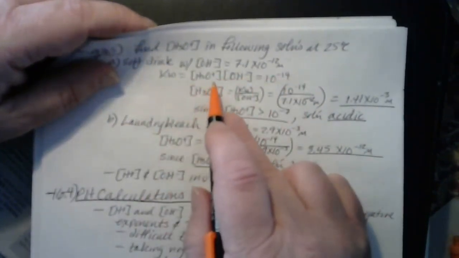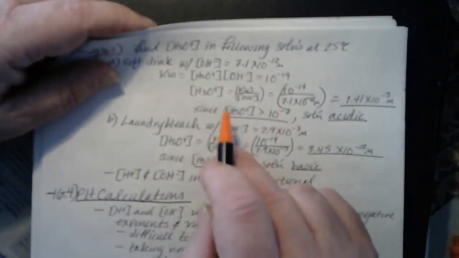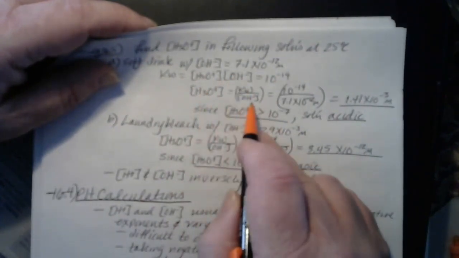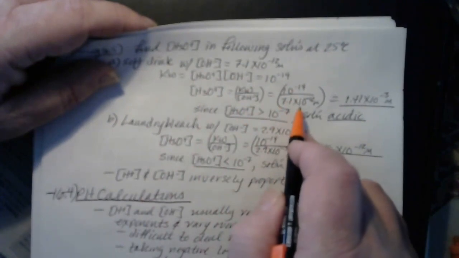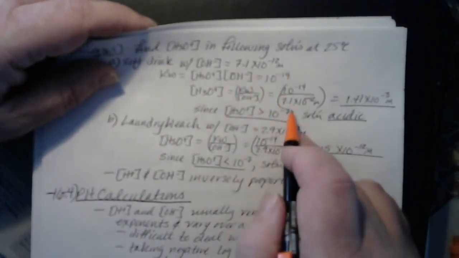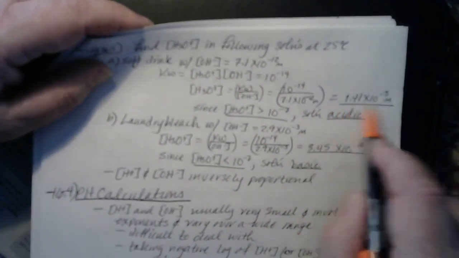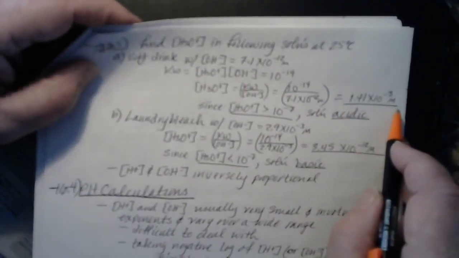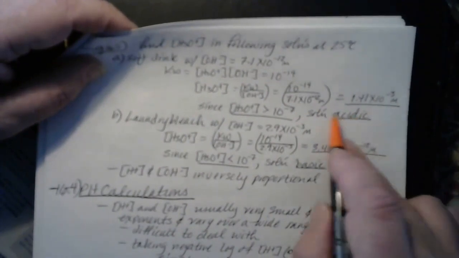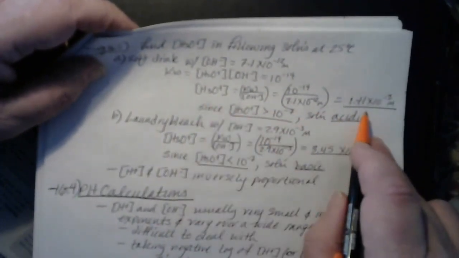By this equation, Kw equals H3O plus times OH minus, so H3O plus would be Kw divided by OH minus, or 10 to the minus 14 divided by 7.1 times 10 to the minus 12. That gives us 1.41 times 10 to the minus 3, and that would be the H3O plus concentration.